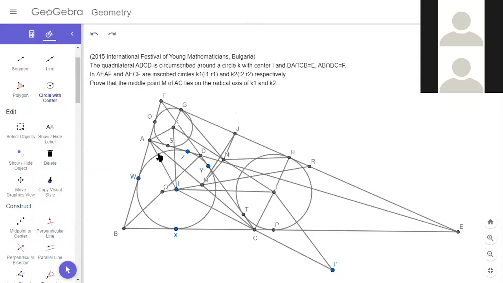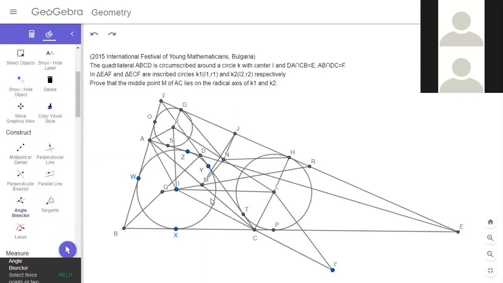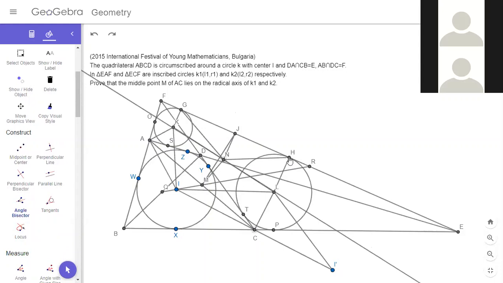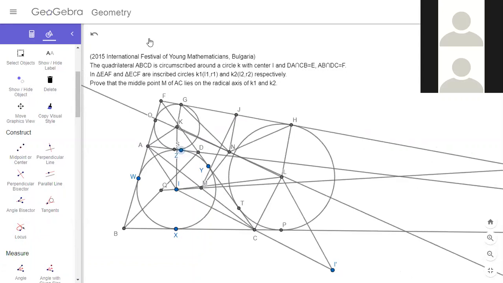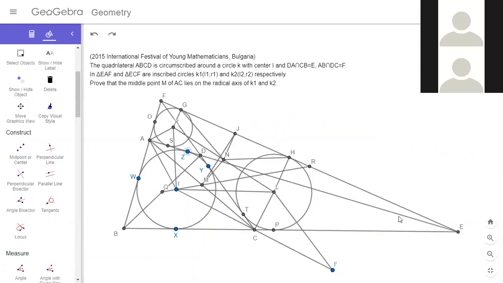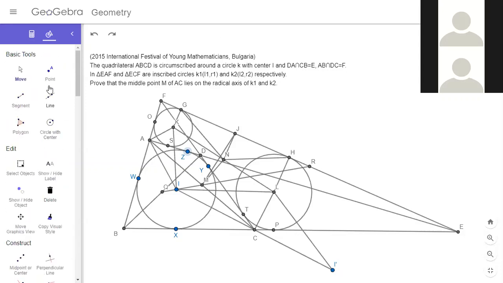We're very close because ANC is similar to GNH. So I don't think that's actually the angle line vector. So what if we drew these circles?